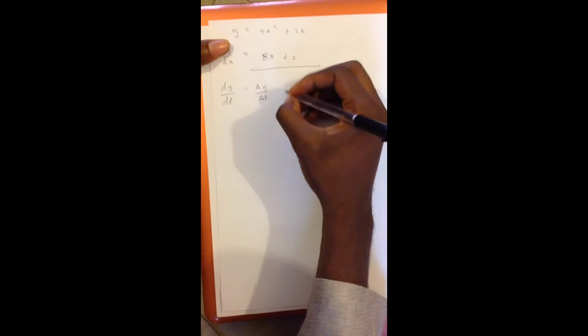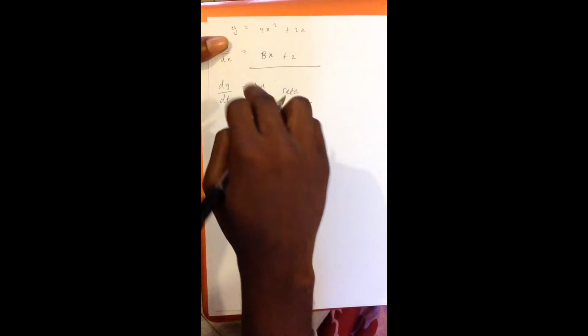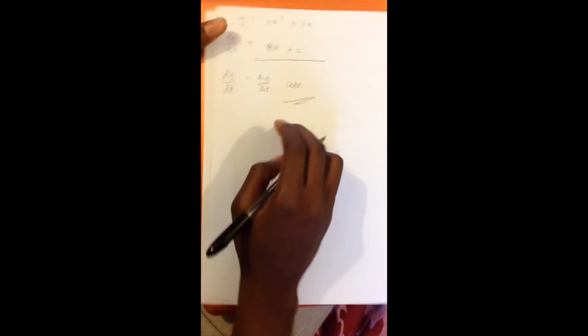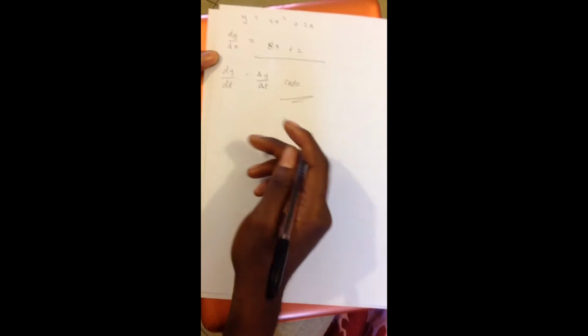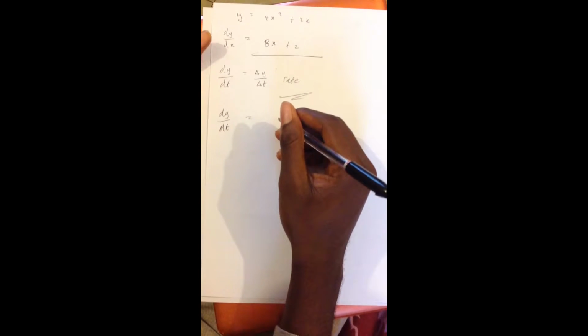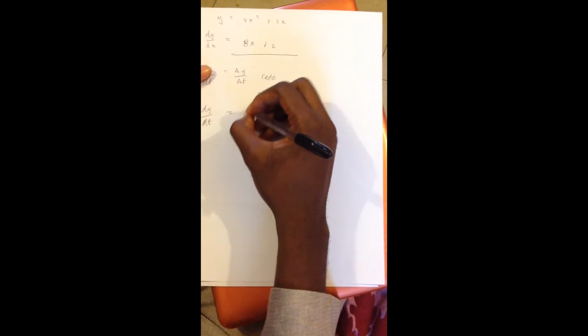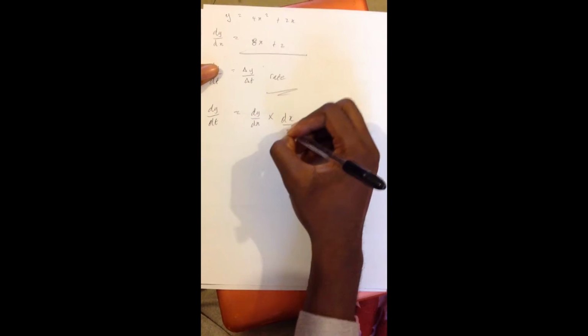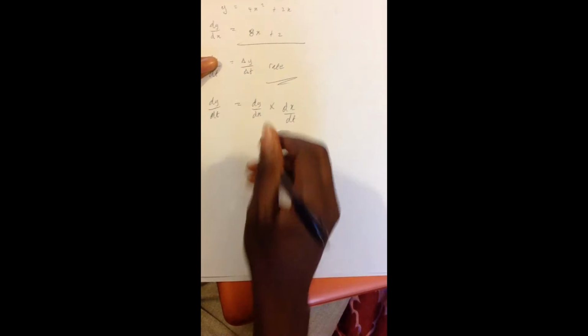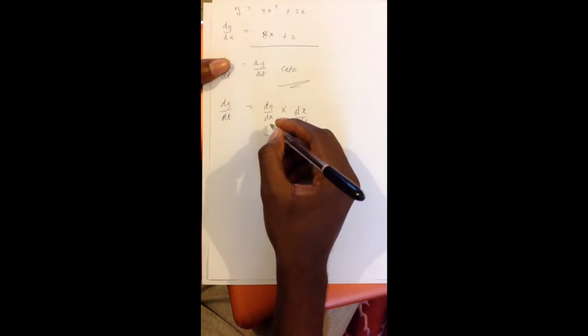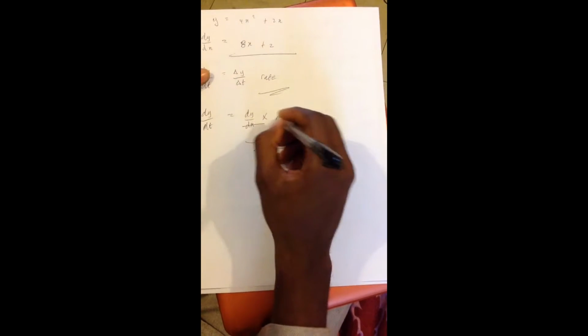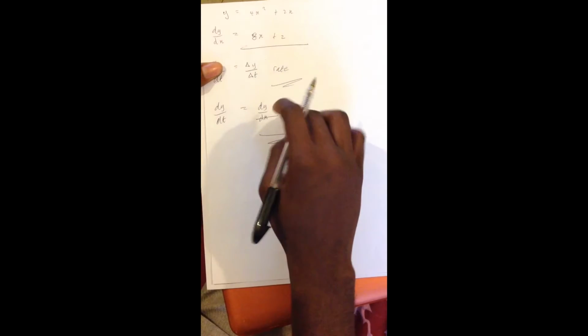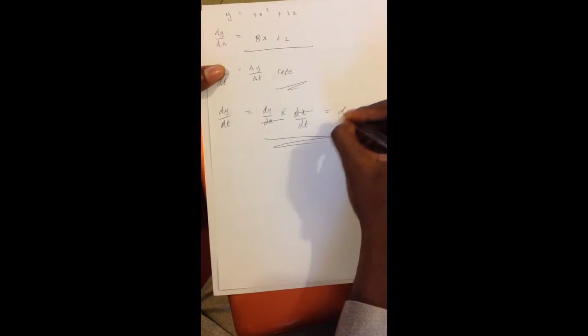So that makes this a rate, because you're changing with respect to time, t. Now, if you want to calculate dy/dt, it's going to be equal to dy/dx times dx/dt. If you look at this, arithmetically, this should cancel out. So you're basically just manipulating it before you cancel out to get your answer, which is equal to dy/dt.